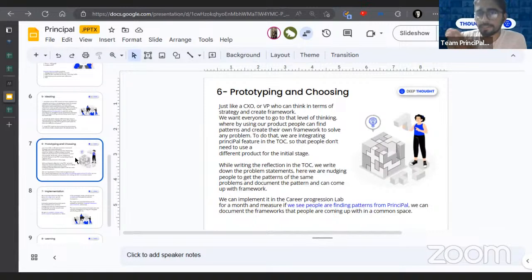That's the main problem we are addressing, and how we are going through it. So in the ideation phase, Principal is a feature we are adding in the POC, and it will help. It is a kind of documentation.